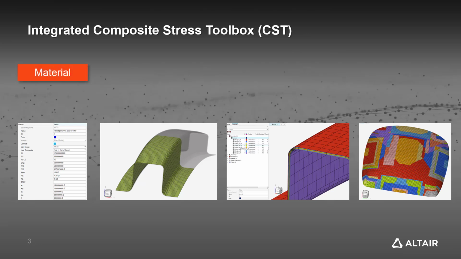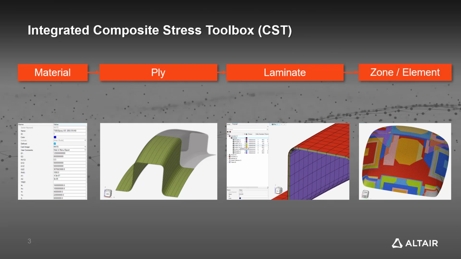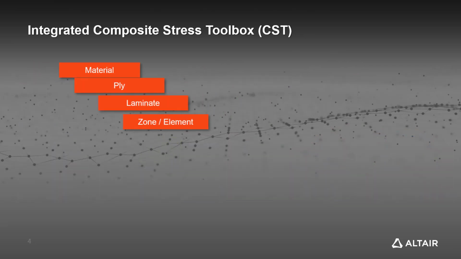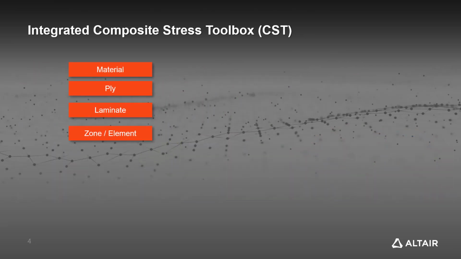Then, looking at the integrated composite stress toolbox, we again see our four different terms: the material, the ply, the laminate, then the zones, or in the limit, one zone per element. And for all of those, we do have little tools that allow you to work through your process.